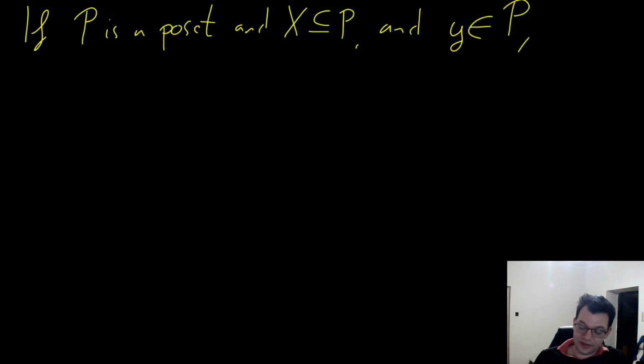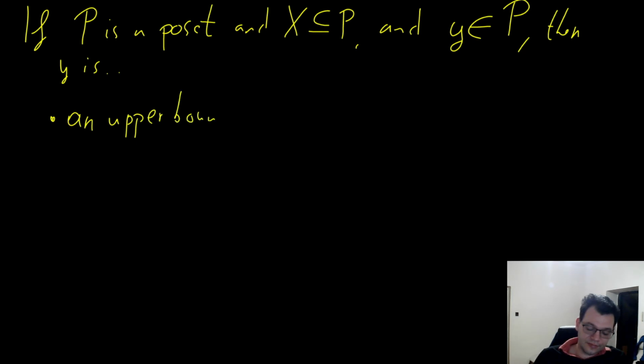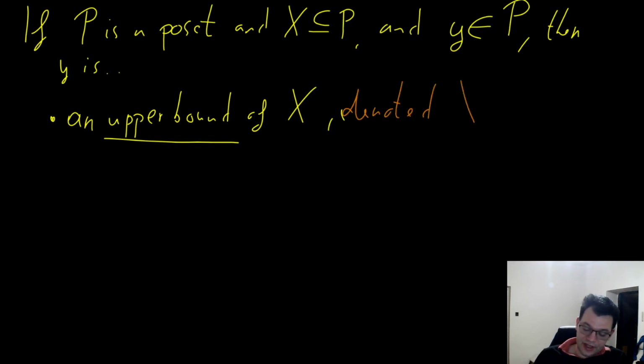And if Y is in P, then the first notion is that Y is an upper bound of X, denoted X is smaller than or equal to Y. I usually won't rotate this sign, so it will always be less than or equal to, and I will just swap the two sides if I want to write it the other way around.